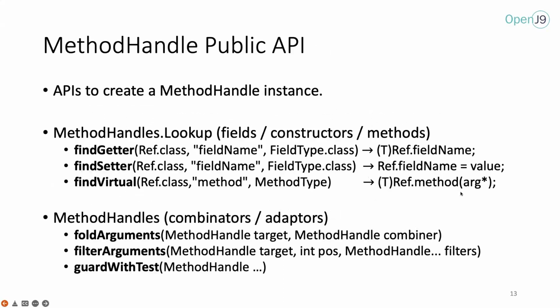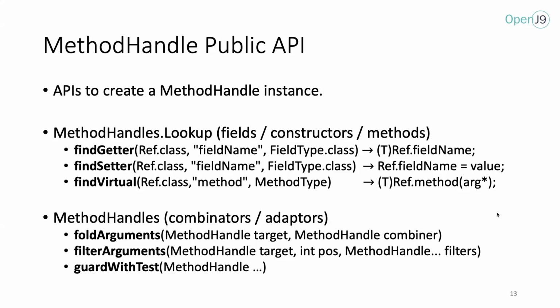And here are some of the public APIs that we can use to create method handles or look up method handles. There's a group of APIs that Lookup introduces, such as findGetter and findSetter. So findGetter and findSetter would be something you'd use to get method handles that will work like a getter or a setter for a field. findVirtual finds a method.